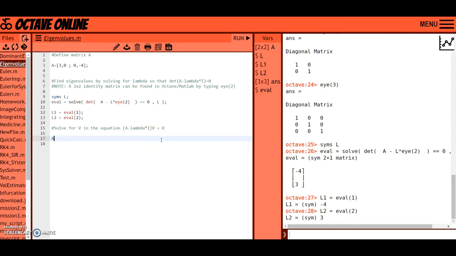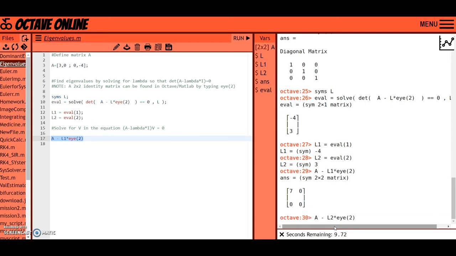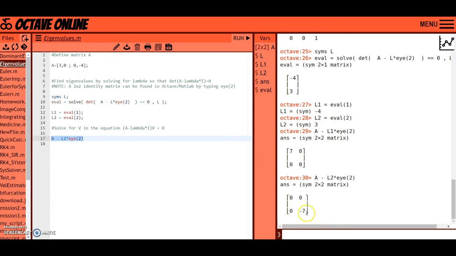And so what I'm going to do is A minus L1 times I2. It'll give me the resulting matrix, and I'll come back to this in a second. So if I do this with L2, we're going to see the matrix that we actually got, 0, 0, 0, -7.